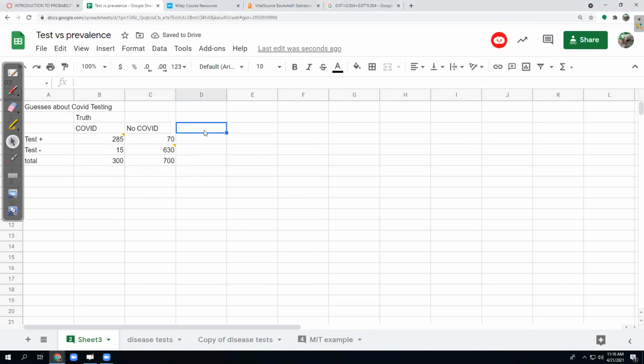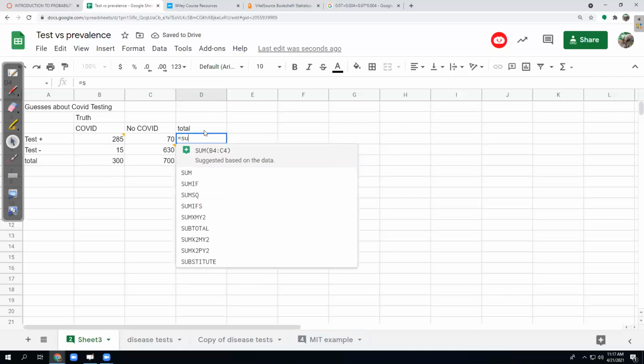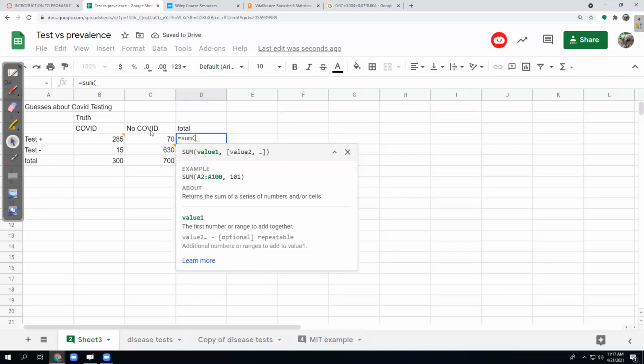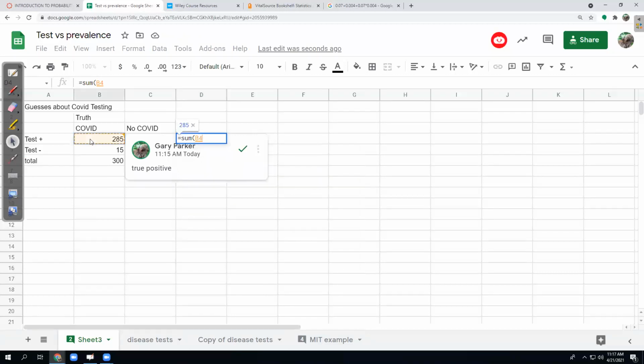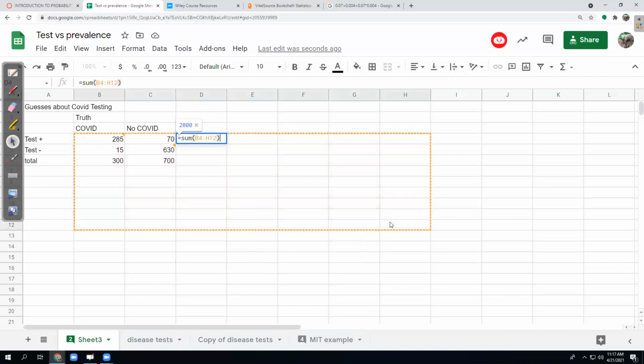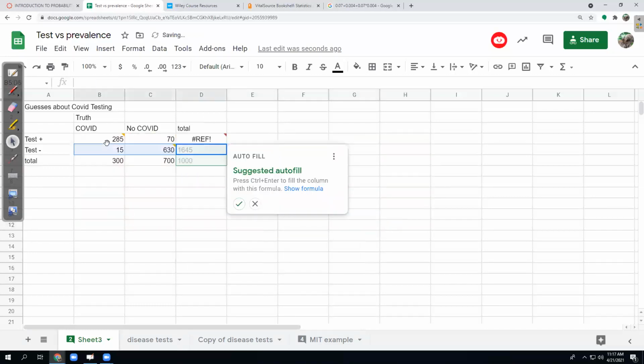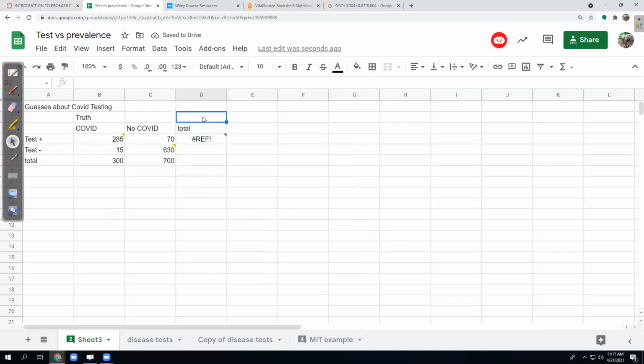And we'll do totals here for people that took the tests. So again, sum formula, and I could have just put a plus between them, but the sum is really the better way to do things on a spreadsheet. And so I just want to highlight them. Whoa, did I mess that up? My mouse is out of control.